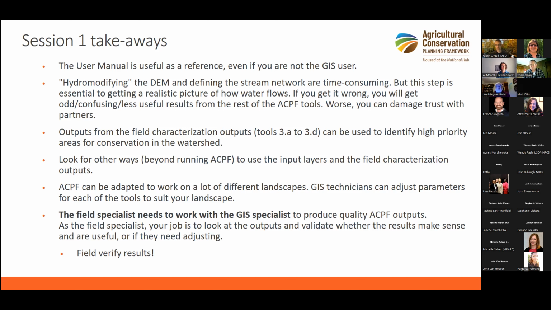And there are other ways to use those field characterization tools, and other ways to use the input layers themselves than just with the ACPF siting tools. So look for lots of different ways to make use of the outputs from ACPF.